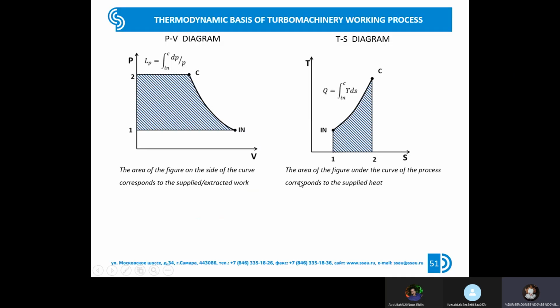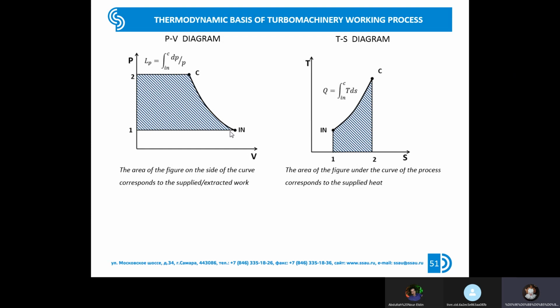We are refreshing information, refreshing knowledge from the thermodynamic courses. Before we start discussing the working process of the turbomachinery from the position of the thermodynamic system, let's remember some properties of the thermodynamic diagrams.